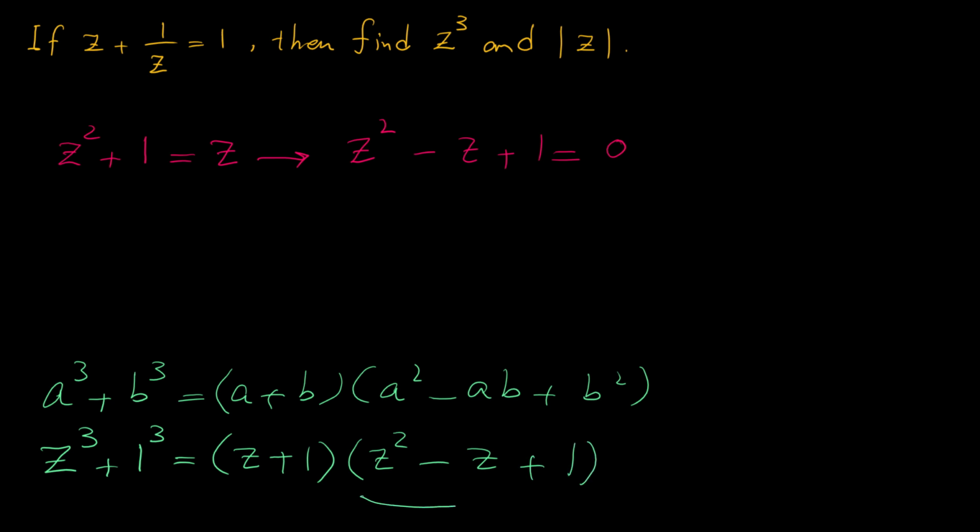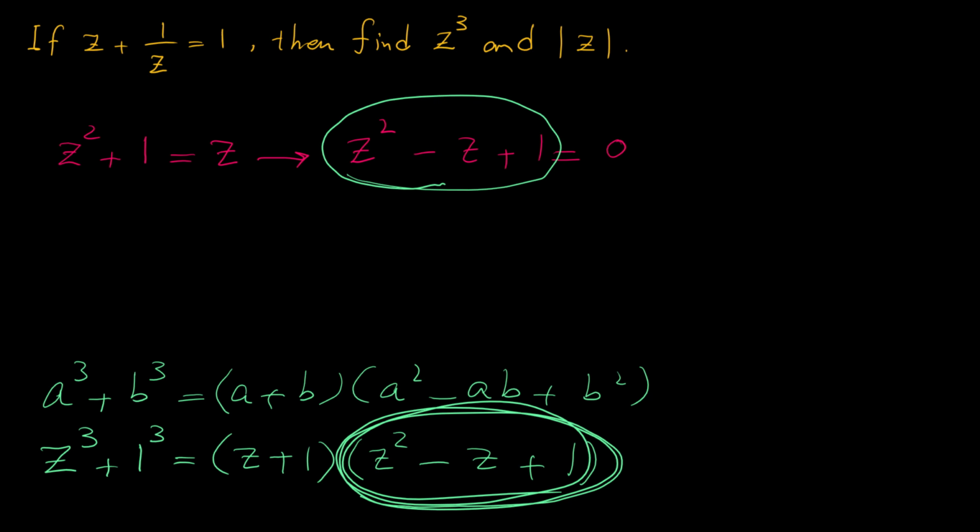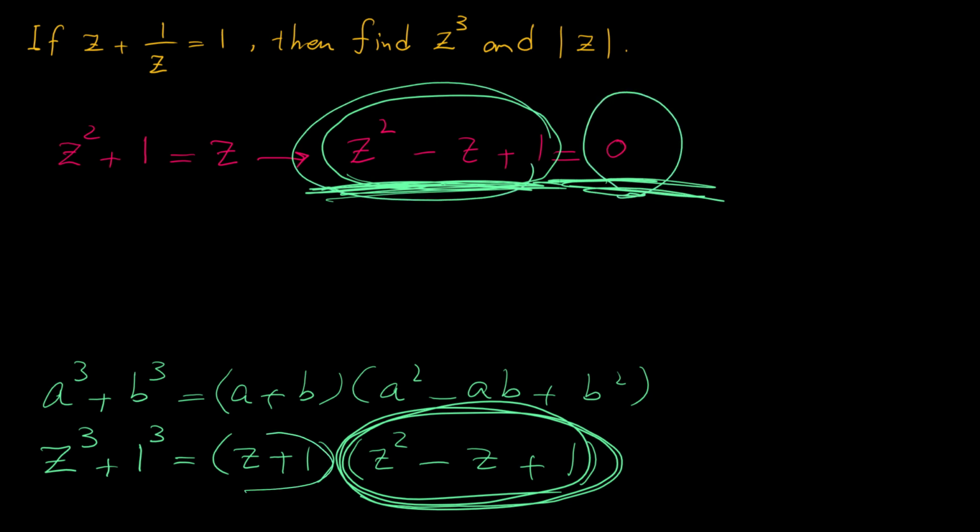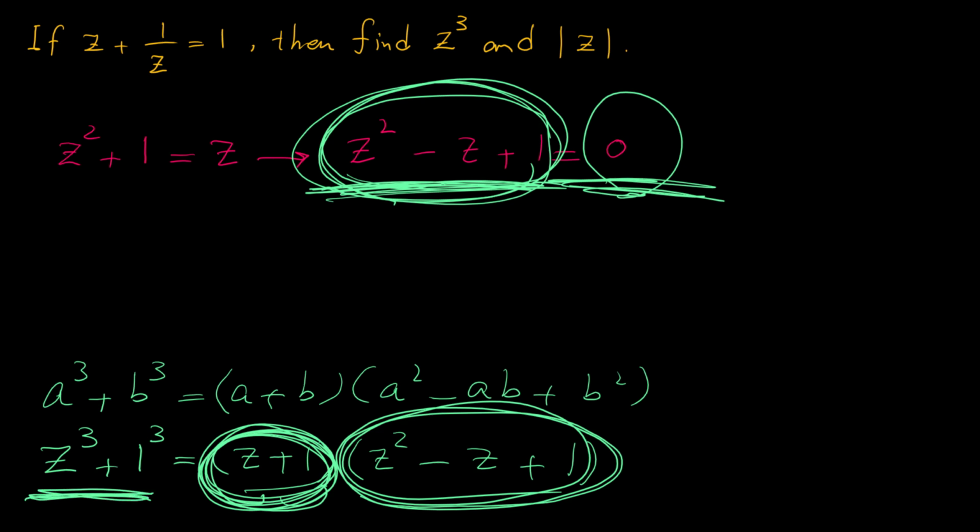Now, please pay attention to this. This expression is exactly what we have here, and it equals 0. So, if we multiply the left side and the right side of this equation by z plus 1, then the left side will give us z to the 3 plus 1.